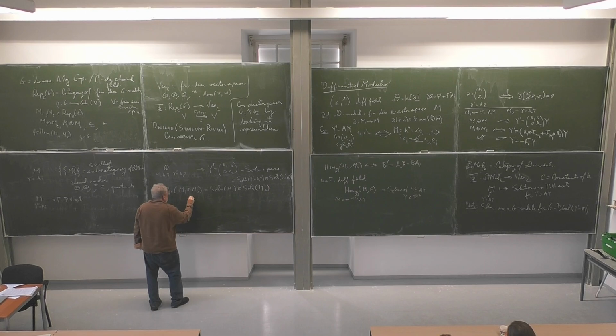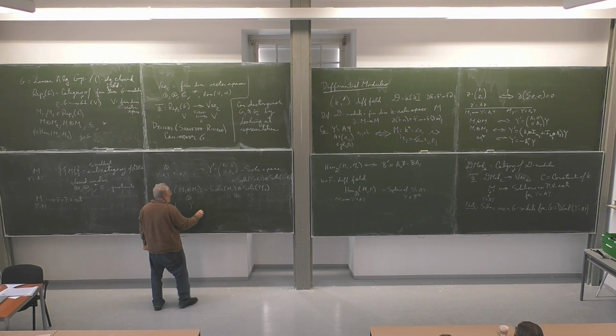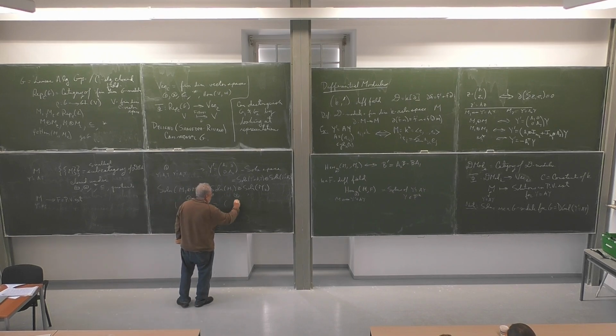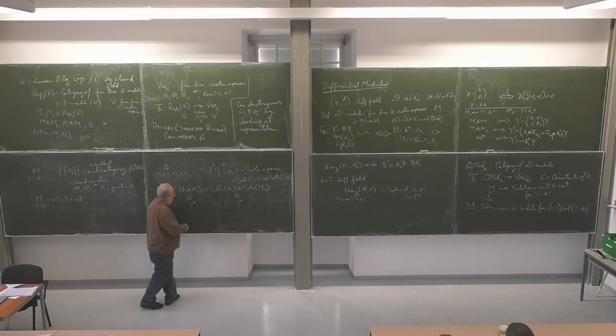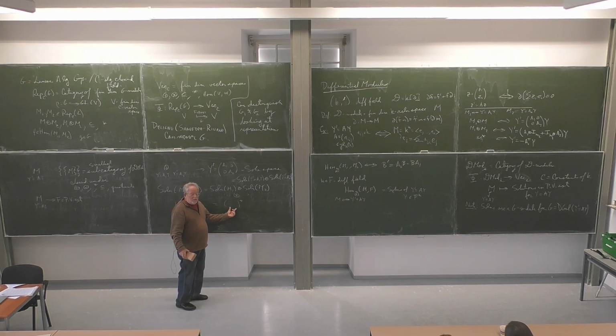And the same thing is true of the tensor product. The dual is again the dual of the solution space of the dual module. The dual equation is the dual of the solution space.